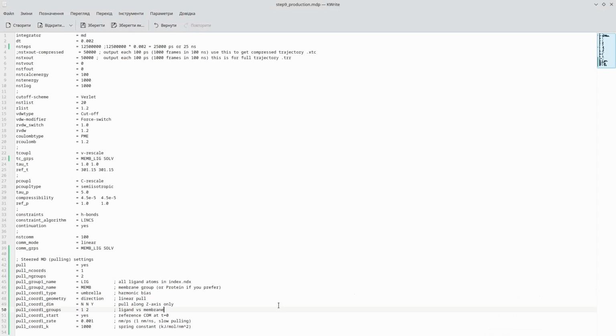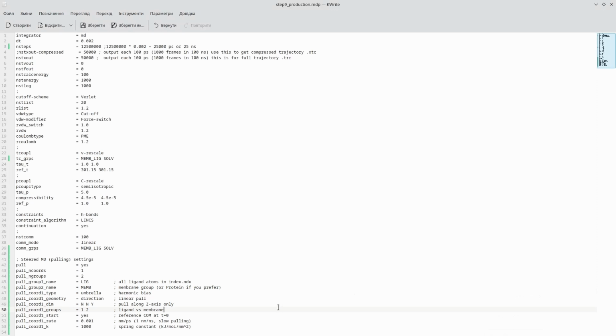And we have two groups. One is our reference group, another is the group of the molecule of interest, and we pull our molecule of interest to the reference group. Specifically, we pull the center of mass of our molecule to the center of mass of our index atoms that we have selected, located in the midplane of our B layer.